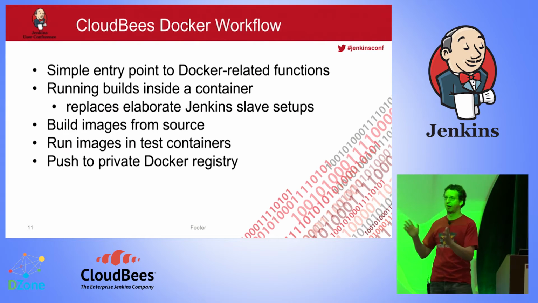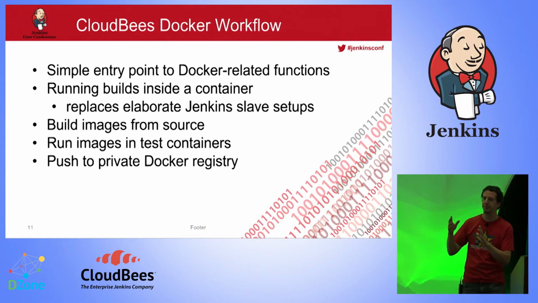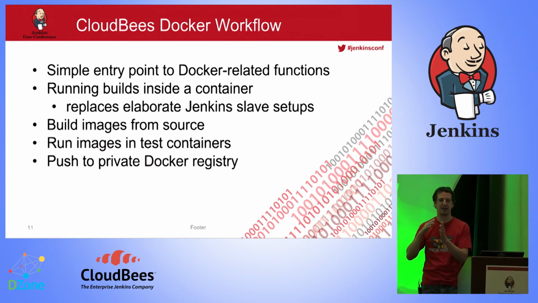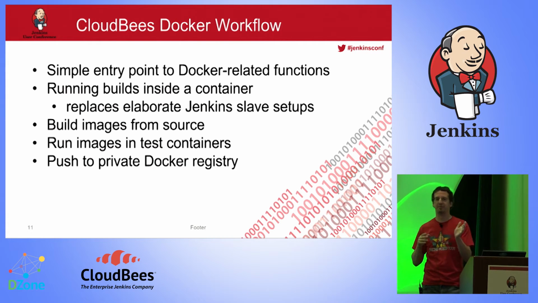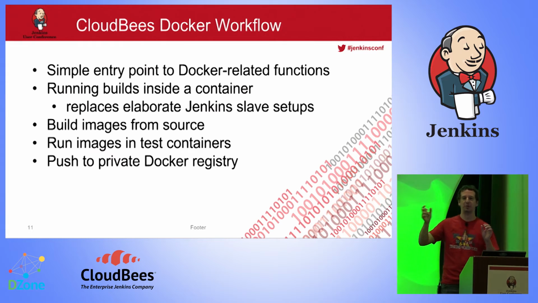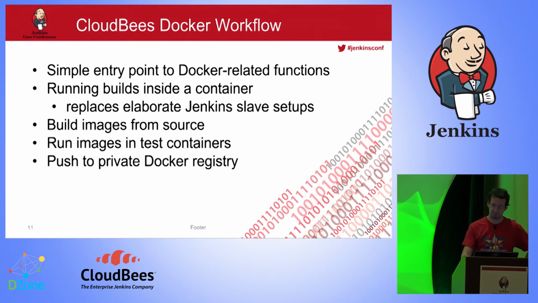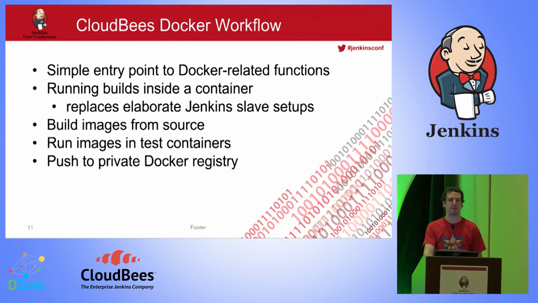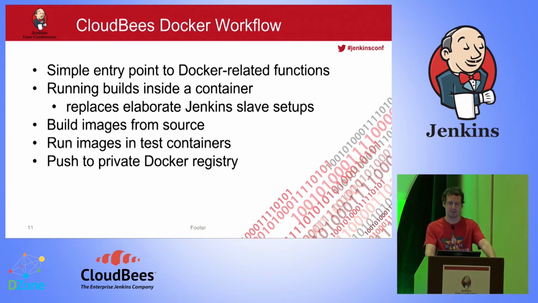Either you had to install a bunch of stuff on the slave and tune the exact version of the operating system and all these libraries for it, or you had to find various ways of downloading tools on demand into the slave for the needs of particular projects and so on. And it got pretty hard to manage. And it was a lot of burden on the Jenkins administrator. With this system, it's much easier to put all of that information right into the build process itself.